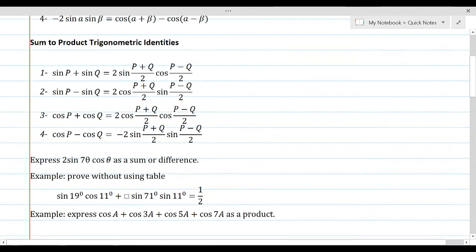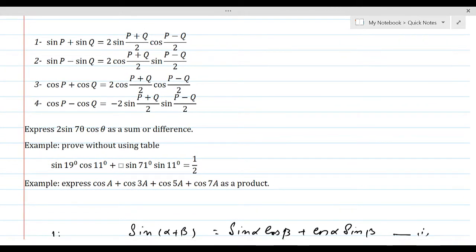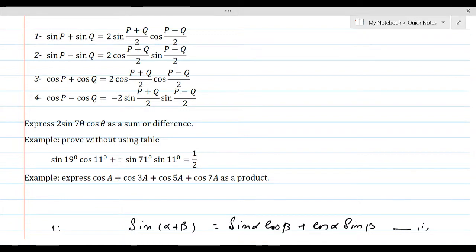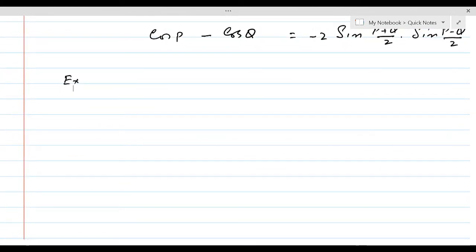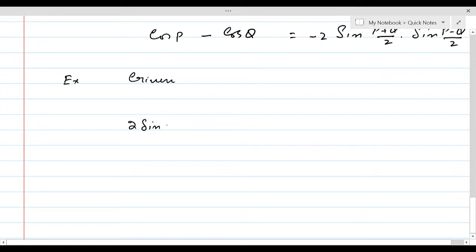Express 2 sine 7 theta cos theta as a sum or difference. We are given 2 sine 7 theta into cos theta. This clearly is a case of product to sum. So this will be equal to sine of alpha plus beta plus sine of alpha minus beta.